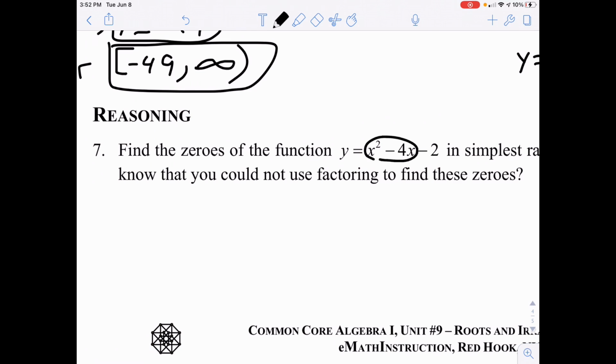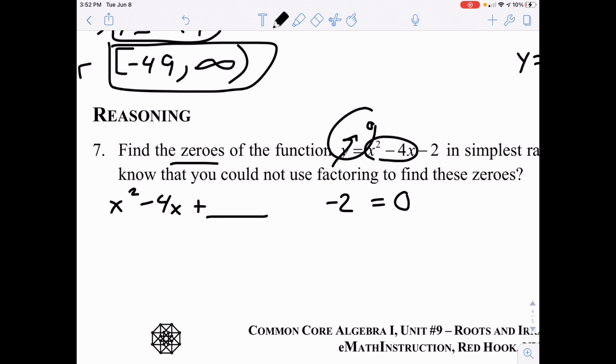Complete the square on the first two parts of this, so actually we should set this function equal to 0. So x squared minus 4x plus a number, and then minus 2 is going to be equal to 0. Remember, to find zeros, you set your y equal to 0 and solve for x. What goes here? Well, b over 2 squared goes there.